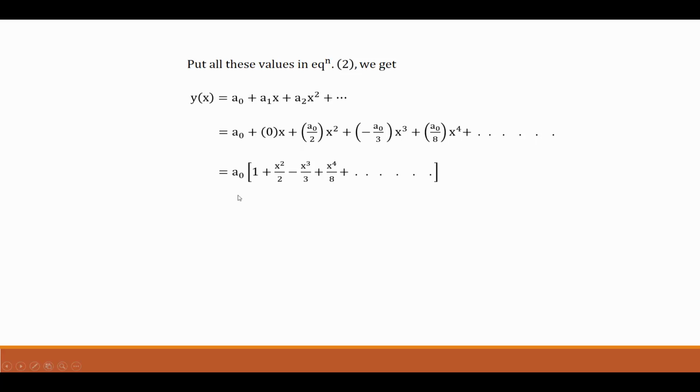Taking a0 common from the right hand side: 1, plus 0 into x, which is 0, plus x square by 2 minus x cube by 3 plus x raised to 4 upon 8 plus dot dot dot. This is the general solution of the given differential equation.